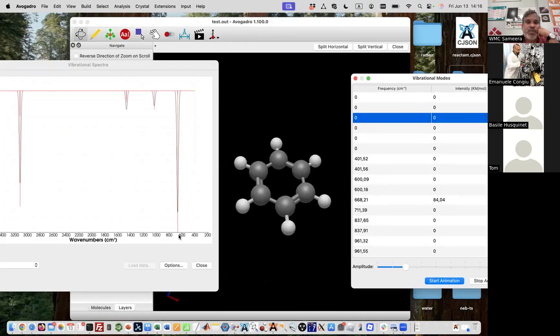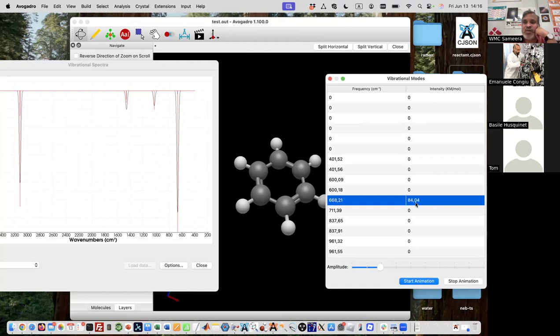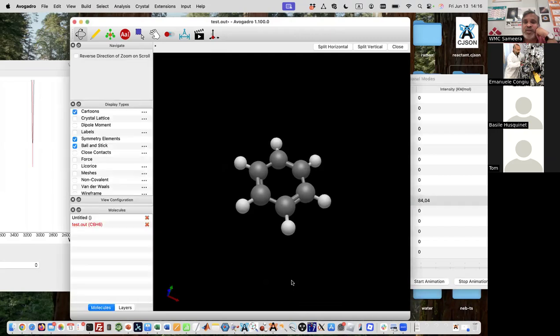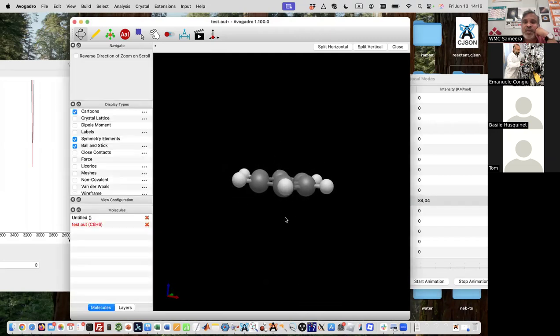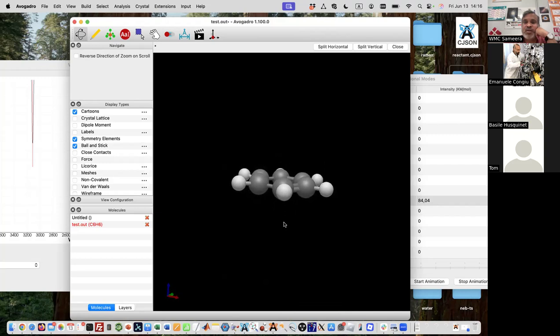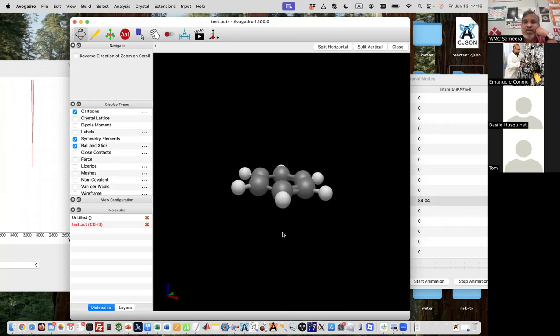Okay, so we have a peak here around 600, and here you can see the intensity is relatively large, and if you start the animation, you can see the vibration. This is a kind of rotational motion, right? Okay.